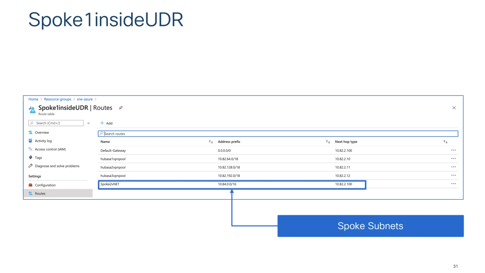So if there is a requirement that you want to filter or inspect traffic between two VNets, you can take that traffic down to your hub, and in your hub you have an internal load balancer. That load balancer is going to take care of that inspection and load balancing across multiple firewalls. Your traffic is inspected on the firewall and then it will return back via the same interface.